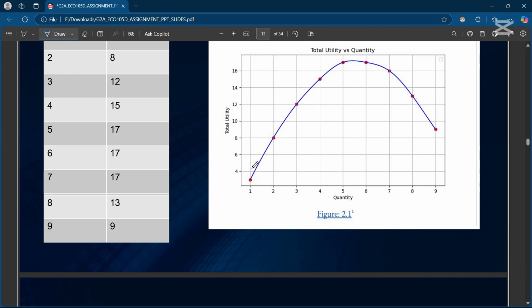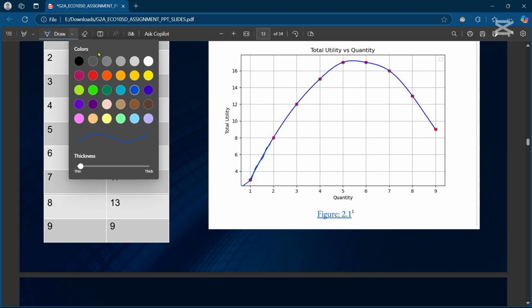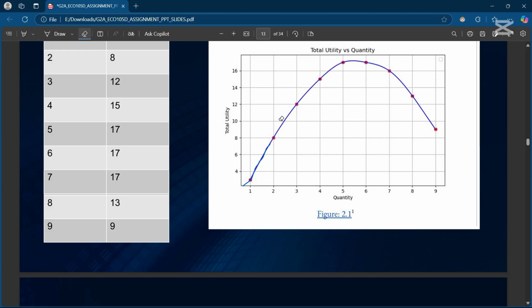If we draw a tangent line, like we can consider this is a line of total utility.